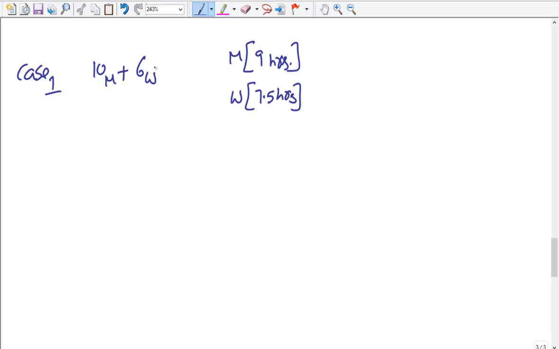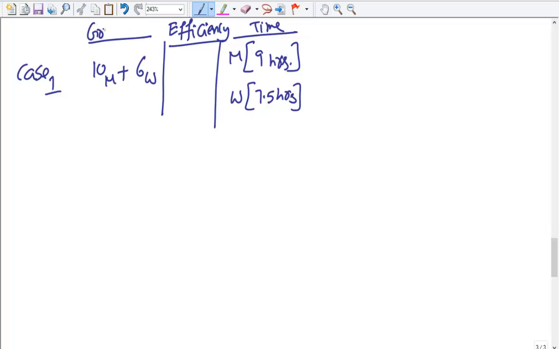The efficiency of a man is not known, so that is X. The efficiency of women we can take as Y. Let me write this in a proper order. This is efficiency, this is time, and this is group size. This is for male and female. We need to find the efficiency.